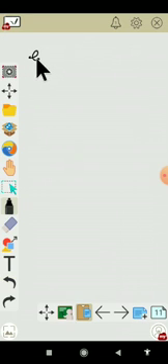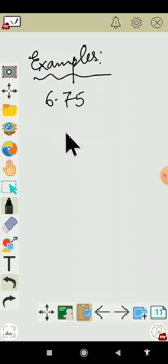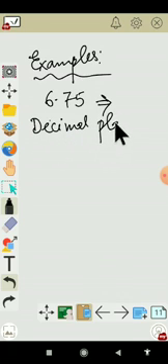So for example, if the given number is 6.75, here the decimal place is 2. So we can say it is 2 decimal places.